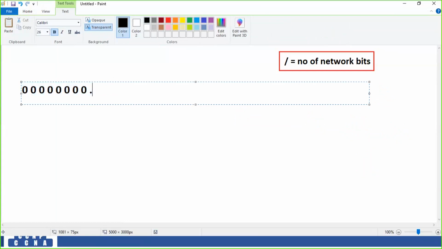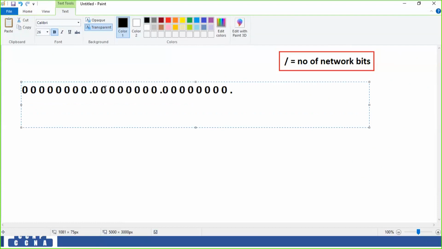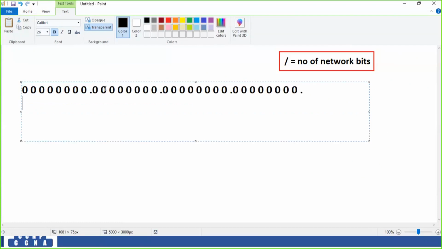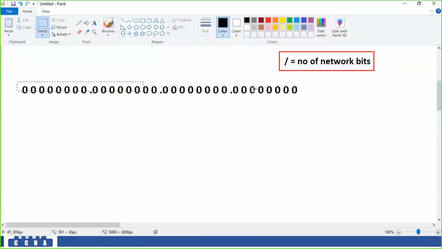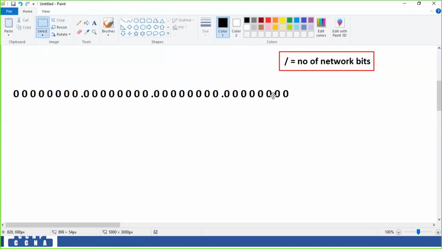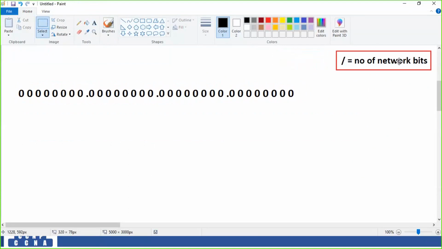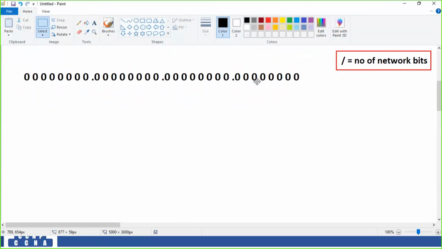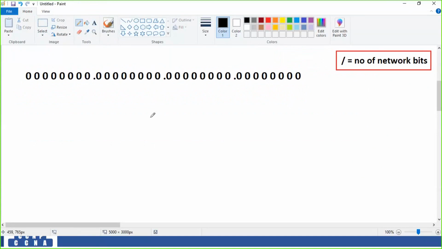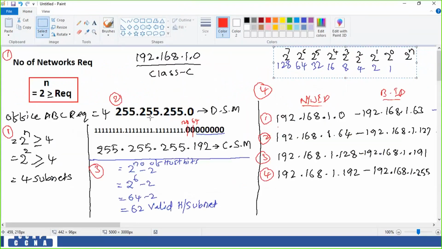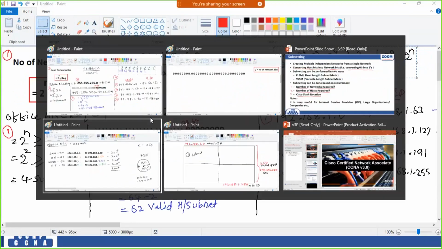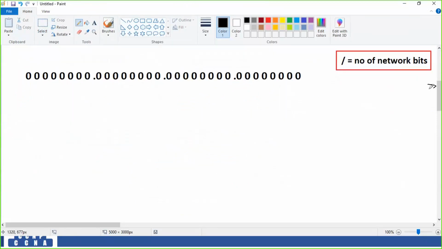Sir, one question. Please go to the previous page: how to find the number of host requirement? That first page.